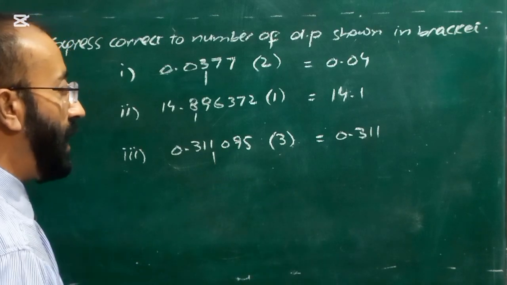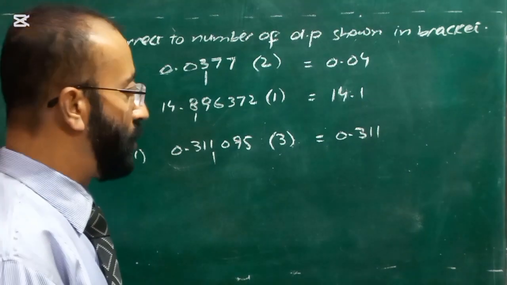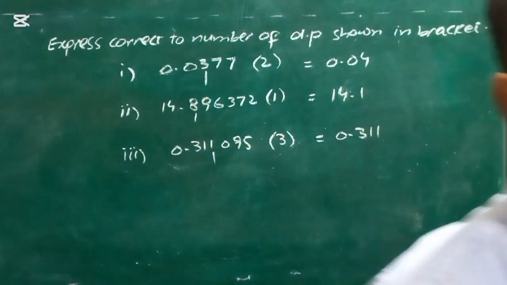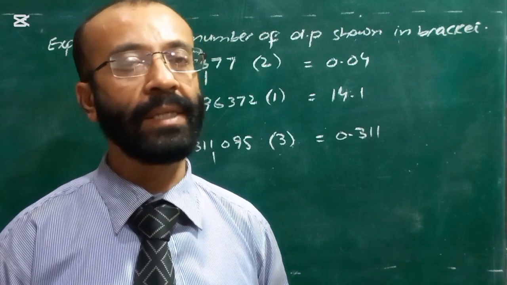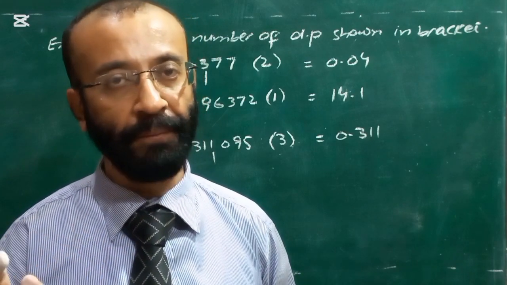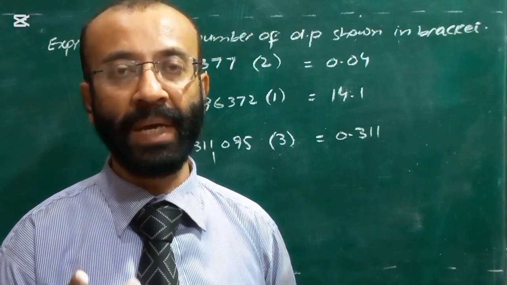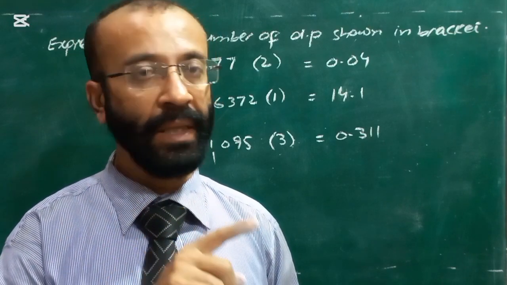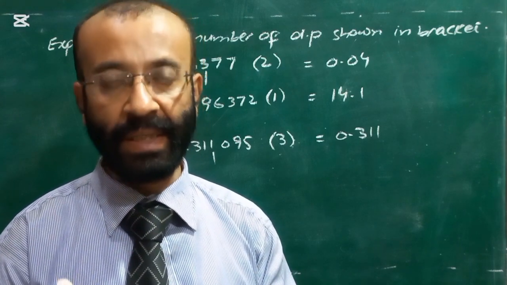So this is the method of solving this kind of question. The bottom line is, if the next number is 5 or greater than 5, 1 will be added to the previous number, and if the next number is lesser than 5, the previous number will remain unchanged. So this is the technique.